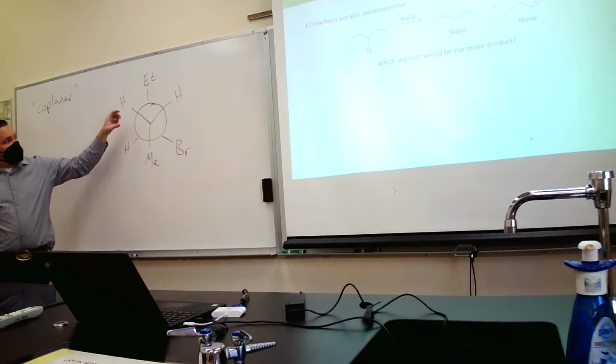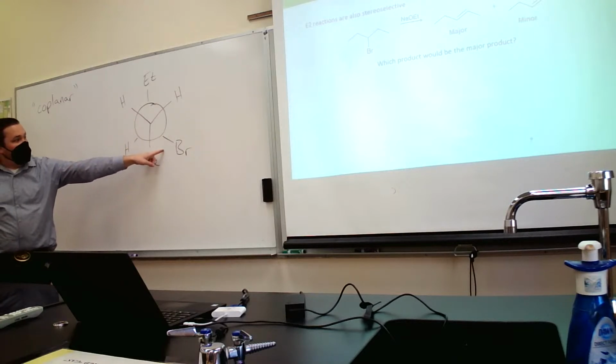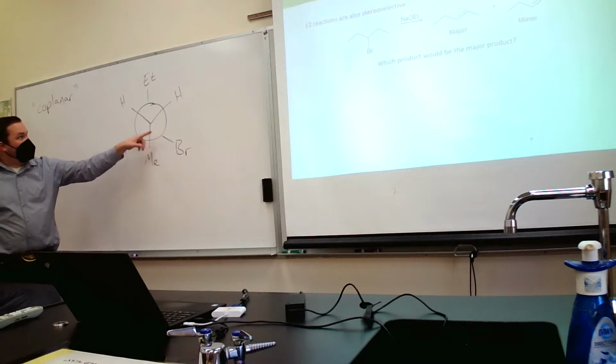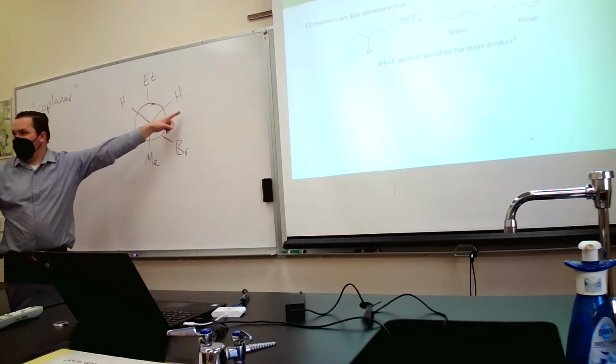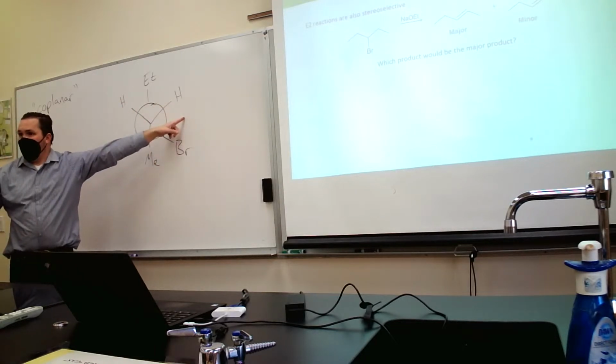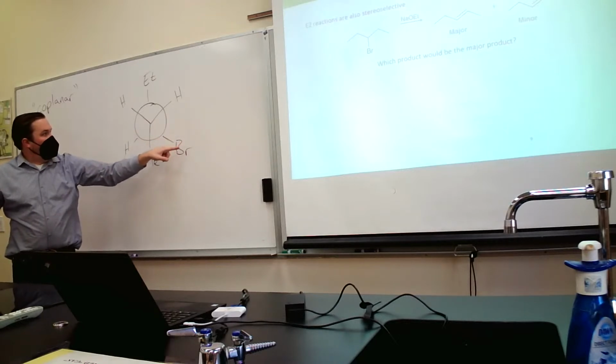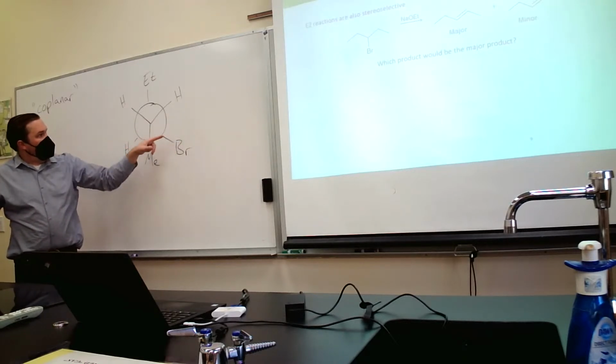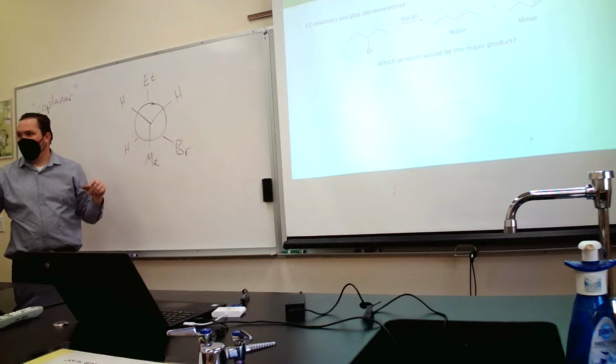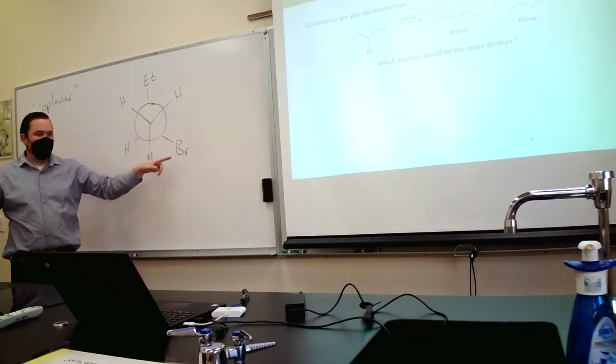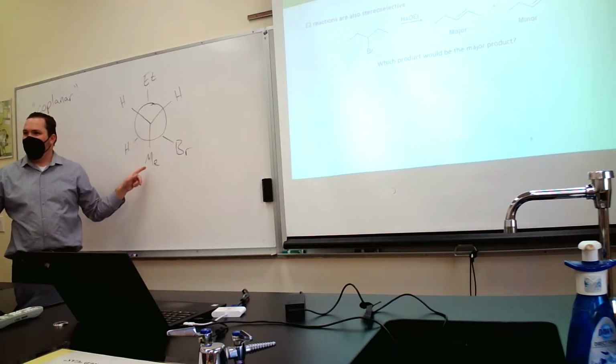If we had to choose where to put this bromine in order to make it, it has to be opposite of one of these two hydrogens. Does it really matter where the bromine is if it has to be opposite of these two hydrogens? Bromine's going to have the same interaction with the methyl either way, right?